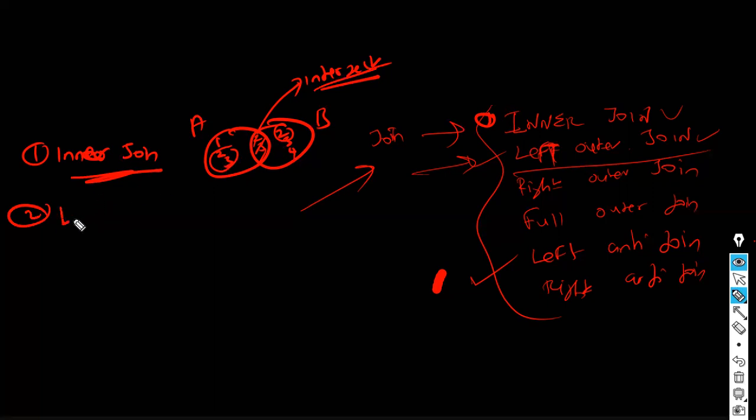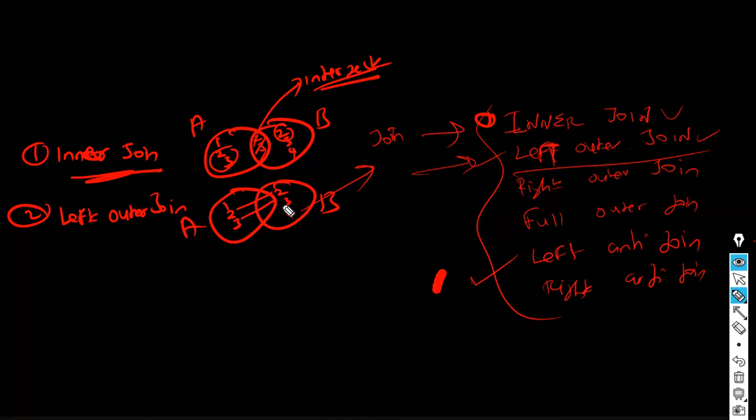The next one is left outer join. The same thing, I'm going to write it here. A and B. In this case, you have 1, 2, 3, the same values, and 2, 3, 4. In a left outer join, it goes and checks whether there are any matching values between these data.